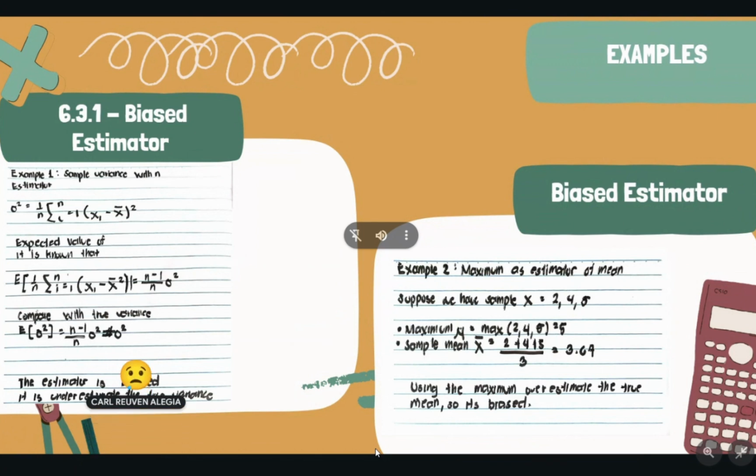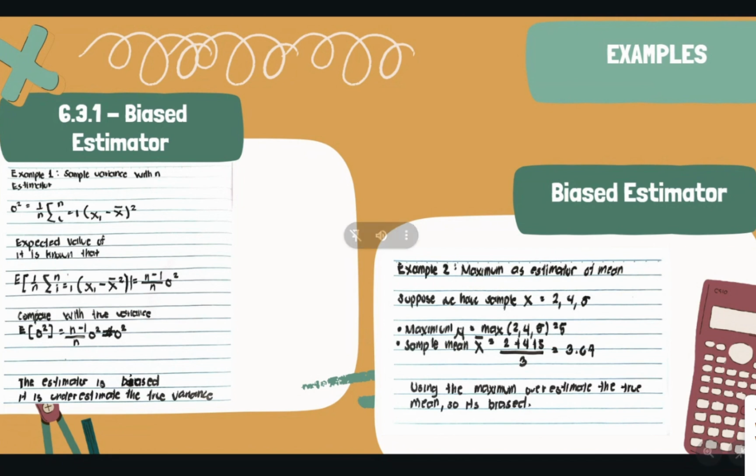Now we have an example of a biased estimator. The sample variance with n. Our estimator for the sample variance is equal to 1 over n times the summation from i equals 1 to n of sample i minus the sample mean, squared.